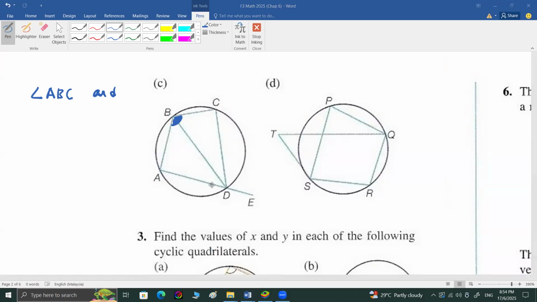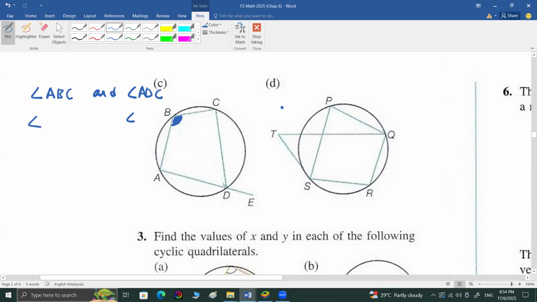If I ignore this line, can you see a cyclic here? The question purposely draws this to trick you. So how are you going to say that, class? A, B, C, and? Yes, ADC. Okay, you find another one.